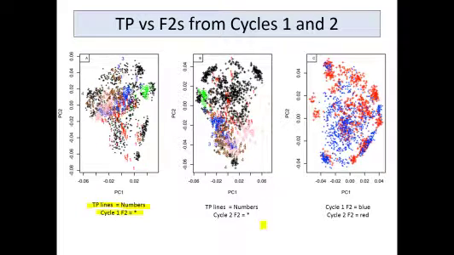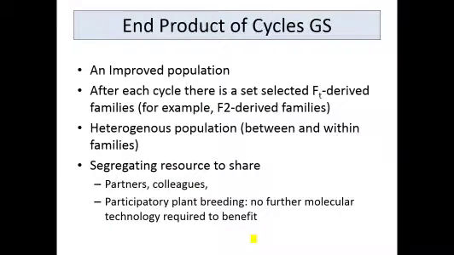Basically the whole gist of this slide is that the lines coming out of cycles of genomic selection are still remaining about the same, occupying about the same genetic space as our training population did itself. So that's good. We want to be sampling the same genetic space.